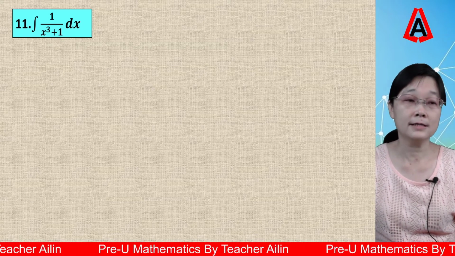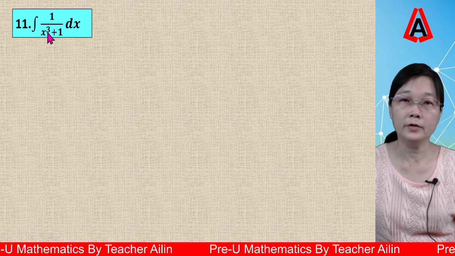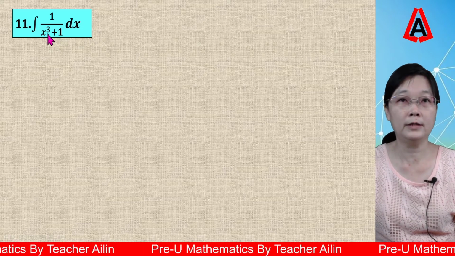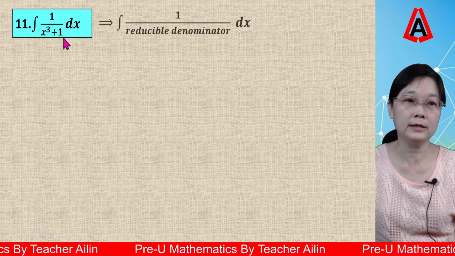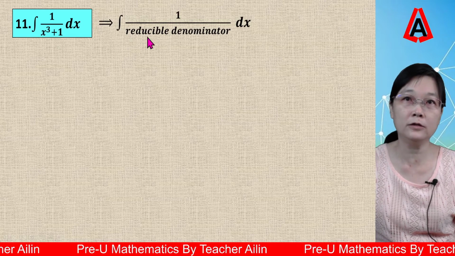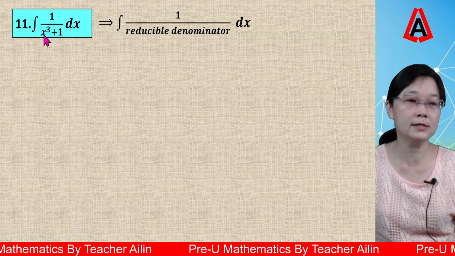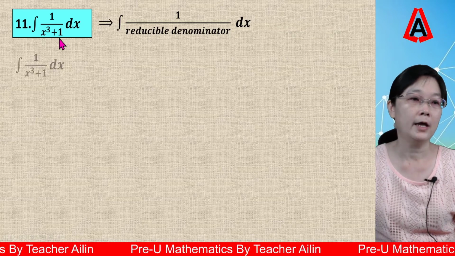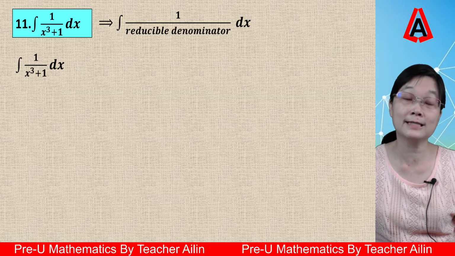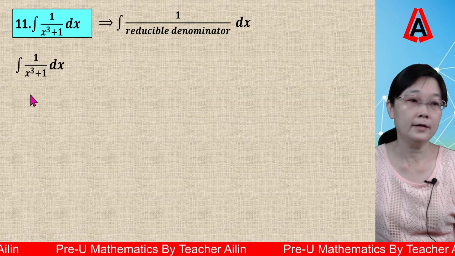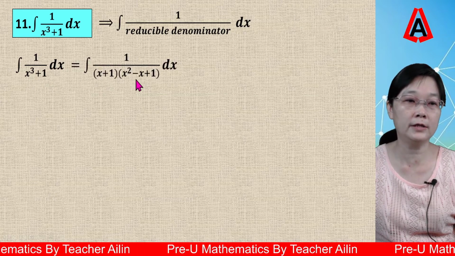So in this case, first we can double check whether we are able to factorize the denominator. For example, this one, x power 3 plus 1 is a reducible denominator where we are able to factorize this denominator. And by using the factor theorem that we have learned in Sem 1, we find that we can factorize x power 3 plus 1 into this.